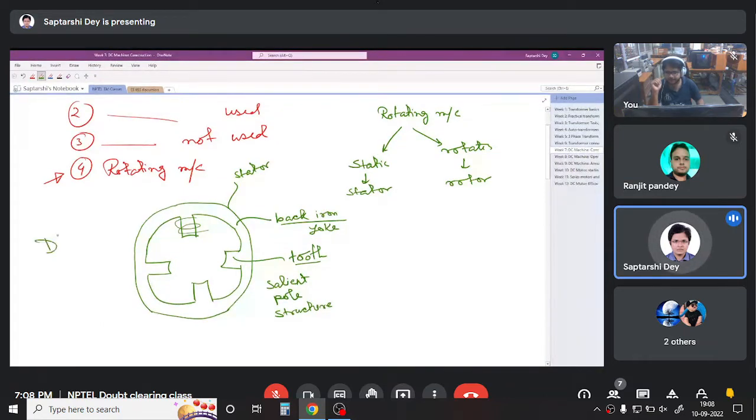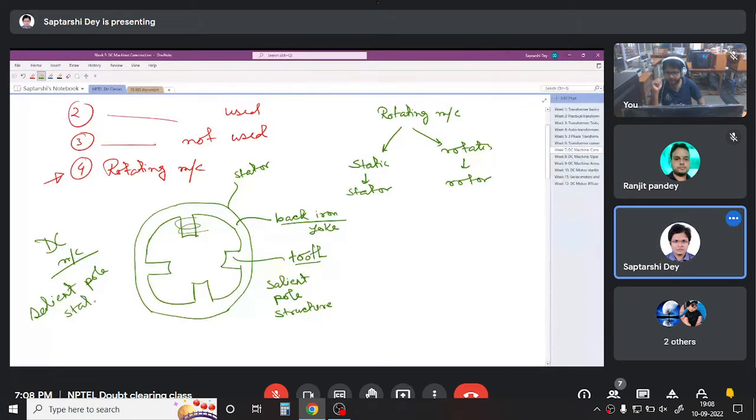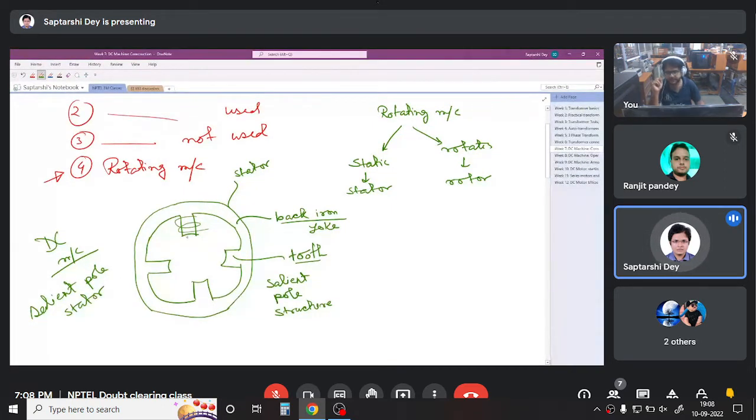In DC machine, we have salient pole stator. So if you open up a DC machine, inside you will be able to see this kind of structure where you will be able to clearly distinguish the teeth like this. On the other hand, rotors can also have salient poles.